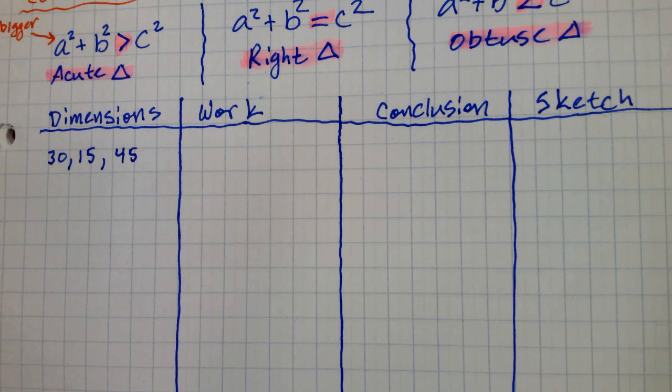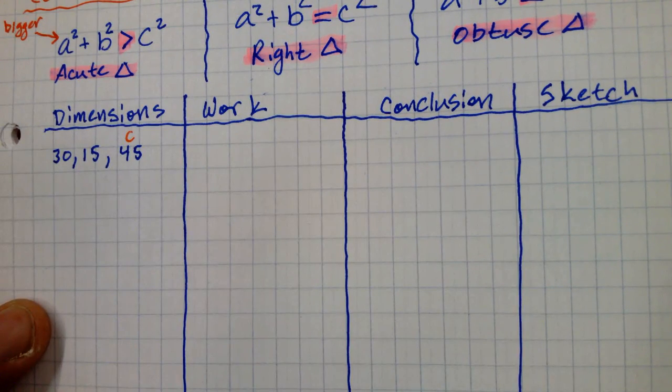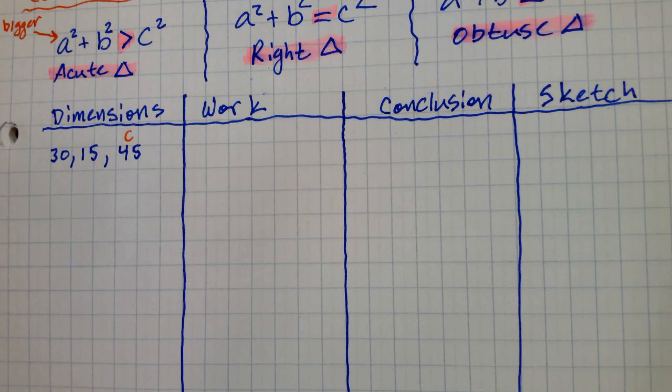So we're going to assign them a label of A, B, or C. Which of these three sides has to be C? 45. So this one is C, and then the other two, we'll call 30 A and 15 B.